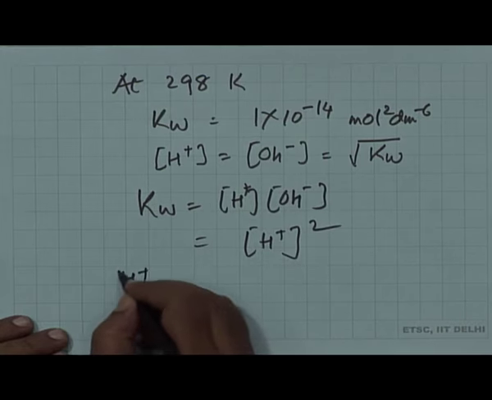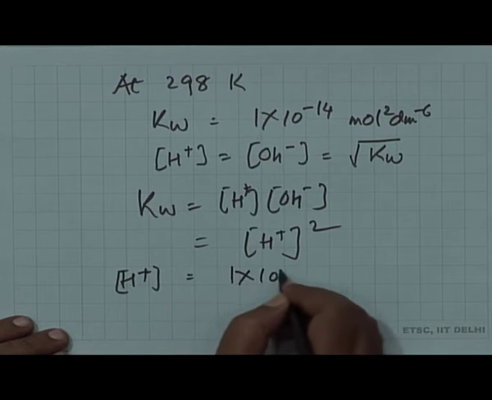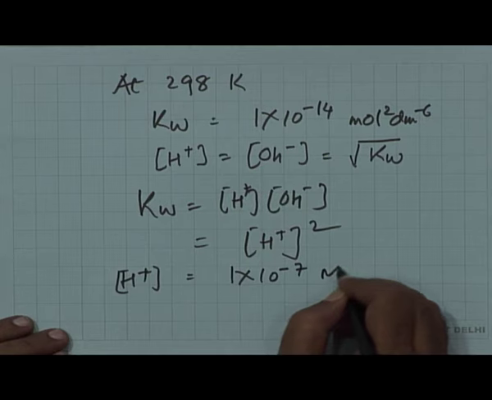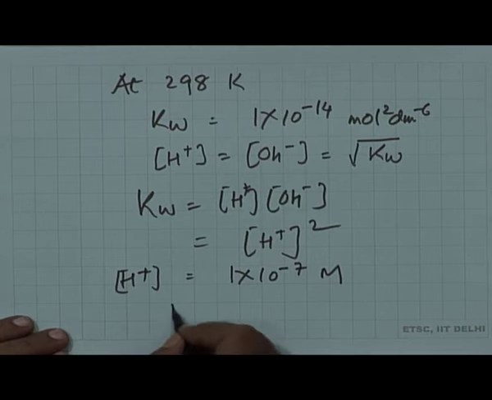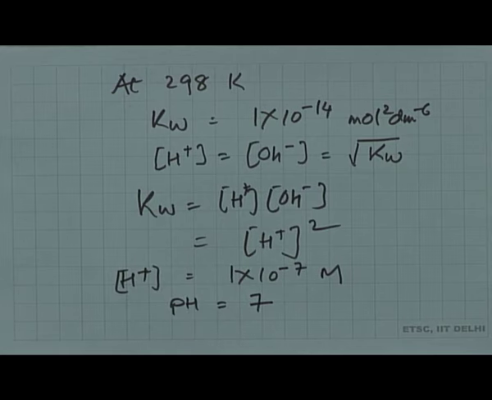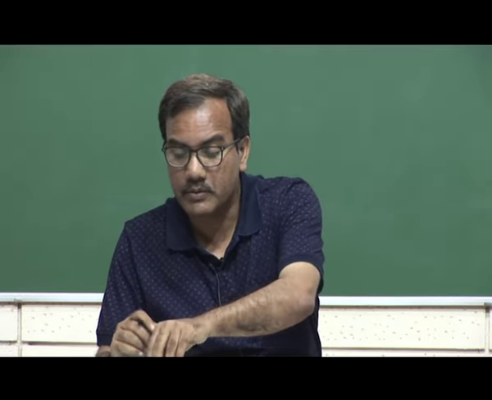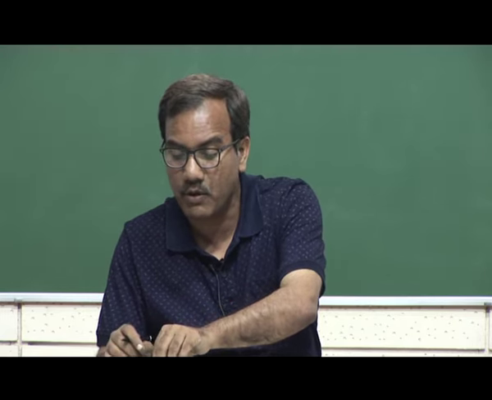So, H plus ion concentration will be equal to 10 to the power minus 7 molar, and so pH will simply be 7. So, for any aqueous solution of a salt of a strong acid and strong base, pH will be 7.